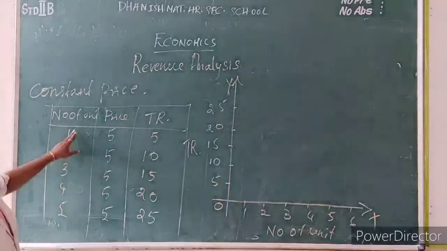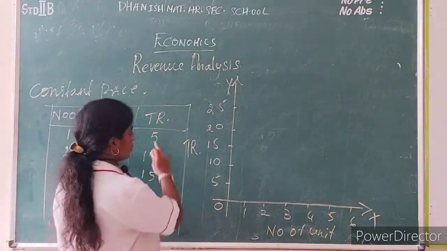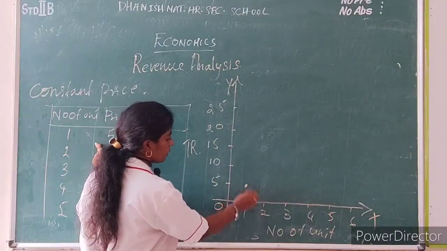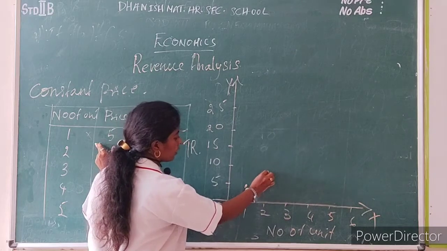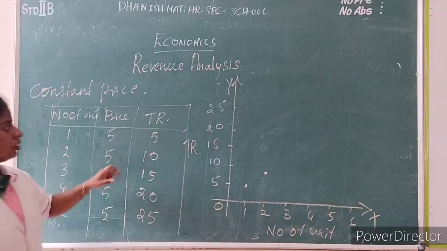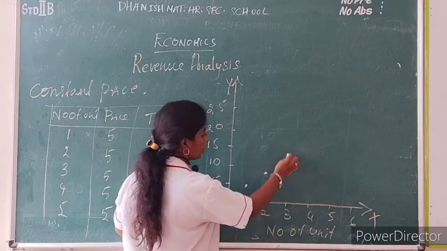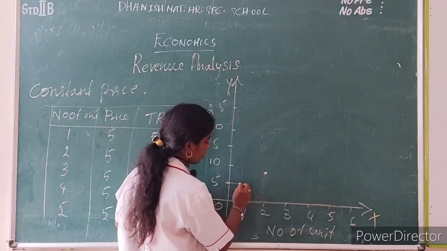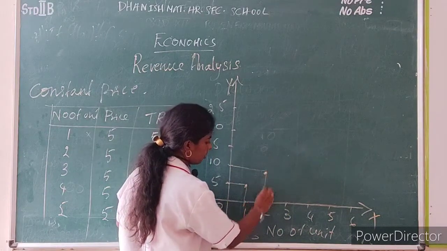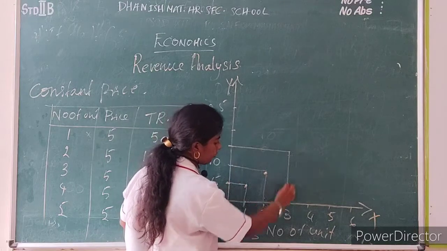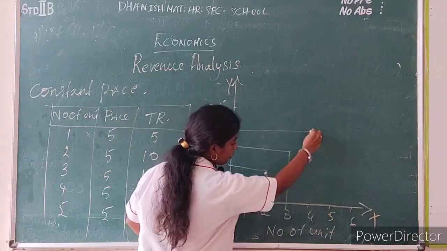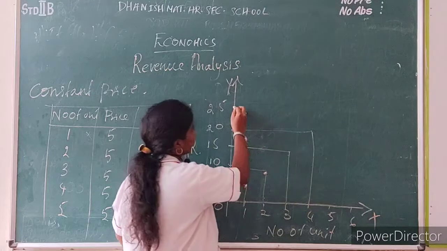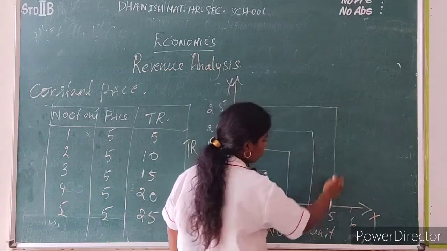The first unit is 5. The second unit is 10; see, for the second unit, the total revenue is 10. And the third unit is 15. The fourth unit is 20. And the fifth unit is 25.